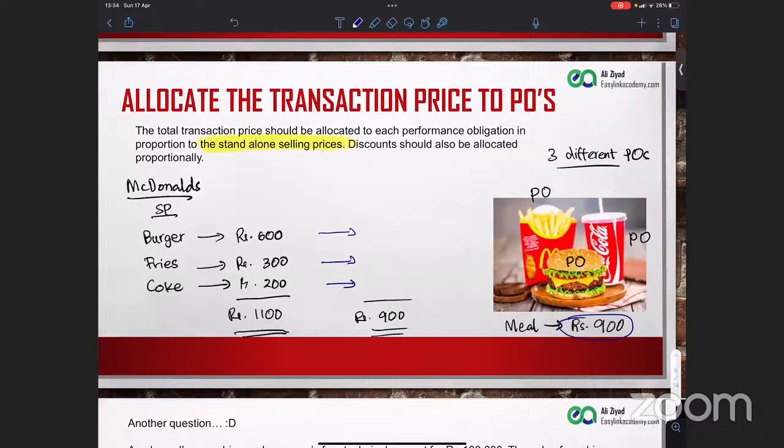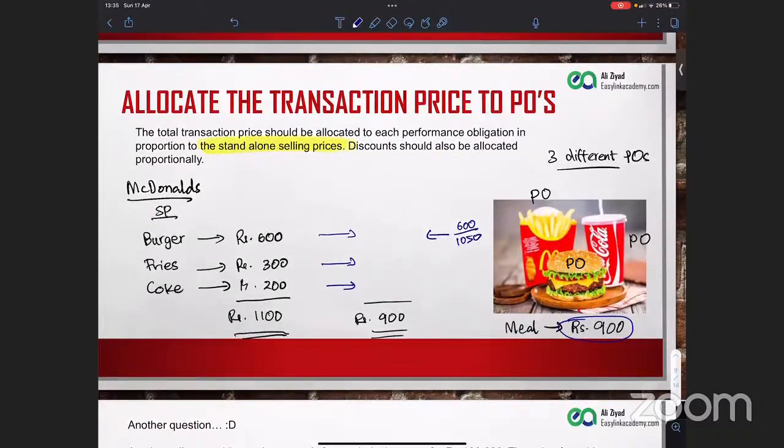What we can do is look into the standalone selling price ratios. If burger was sold separately, what is the price? 600. But if you were to buy all three together, what will be the total cost? 1,100. So tell me, on a ratio, how many percent is 600 over 1,100?